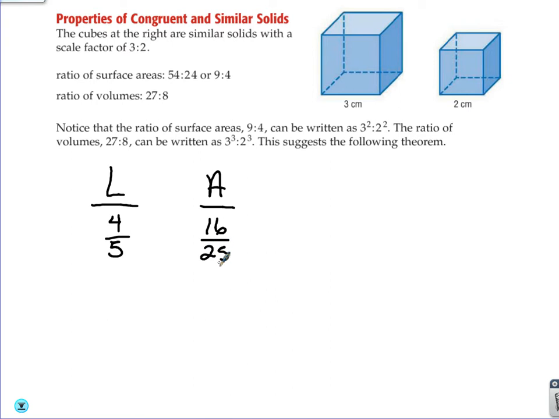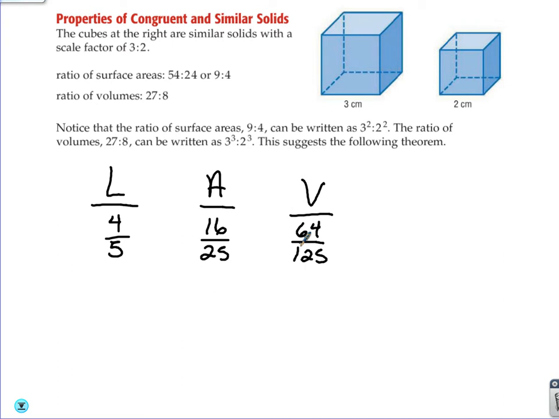Does everybody understand how I did 4/5 squared? 4/5 times 4/5. Your volume, go ahead, Alex, and finish with that one. Your volume will have a scale factor of 4/5 cubed: 4/5 times 4/5 times 4/5. Everybody follow how I'm doing that before I go on and actually start working problems.